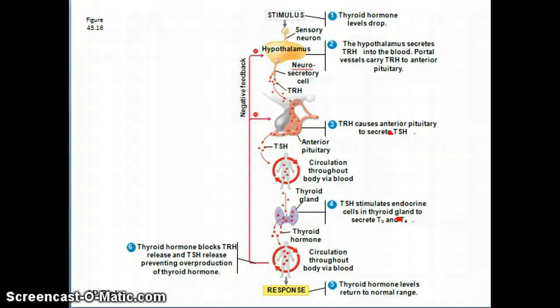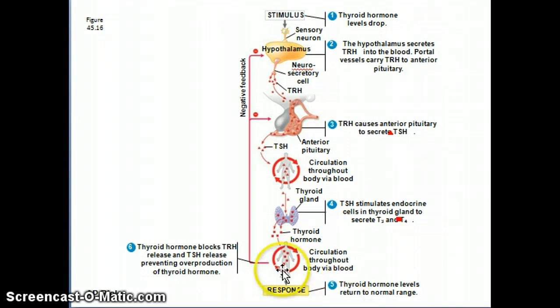There are actually two different thyroid hormones, T3 and T4, and the difference between them is T3 has 3 iodine atoms and T4 has 4. T4 is thyroxine and T3 is triiodothyronine.